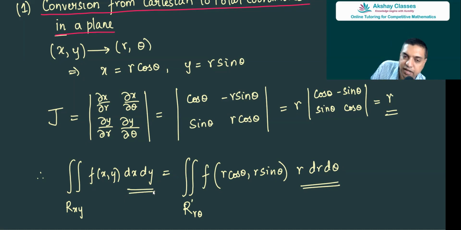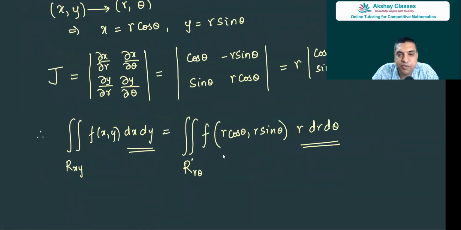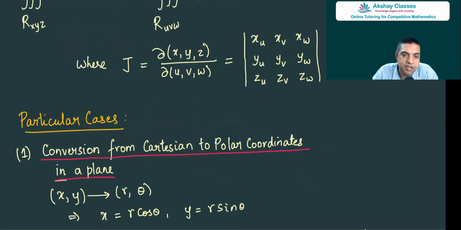The area element in the Cartesian plane is dx dy, but the area element in the polar coordinates plane is r d theta dr. So conversion from Cartesian to polar coordinates is just by using this Jacobian.